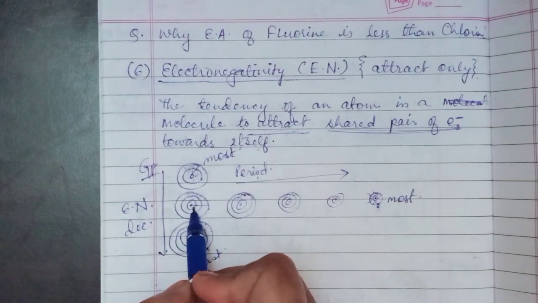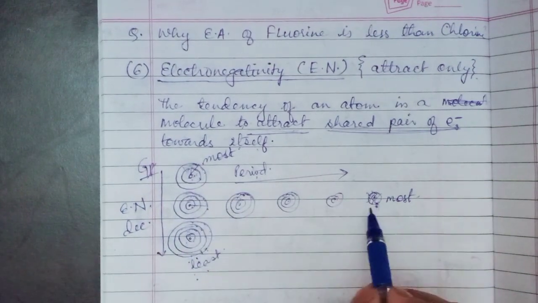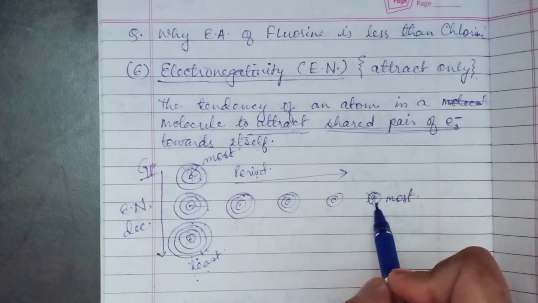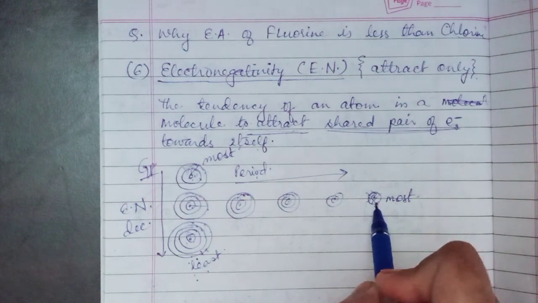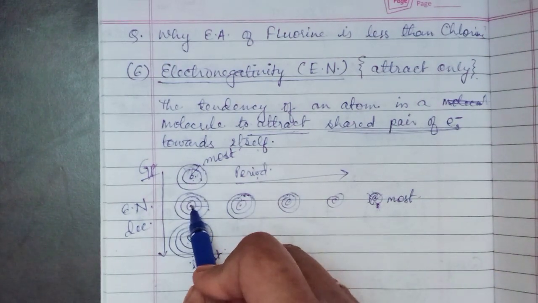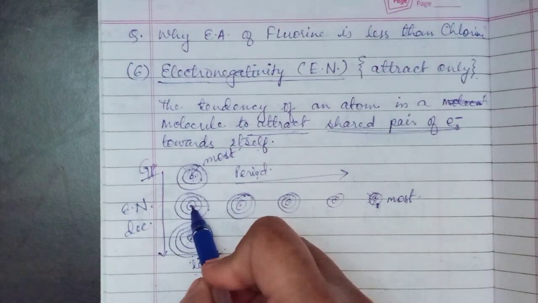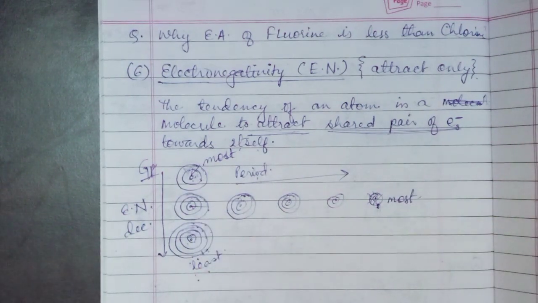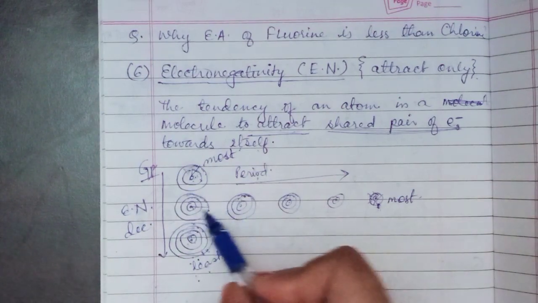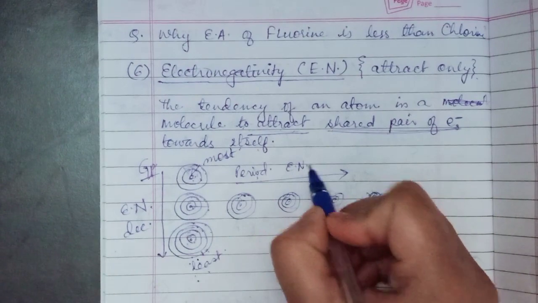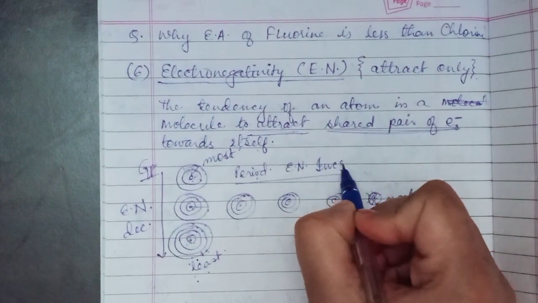So the nuclear pull will be less here and most here. When the nuclear pull is very strong, it will attract the electron very easily, and when the nuclear pull is weak, then it will not attract all the electrons towards itself that strongly. Okay, so as we move from left to right, electronegativity increases.